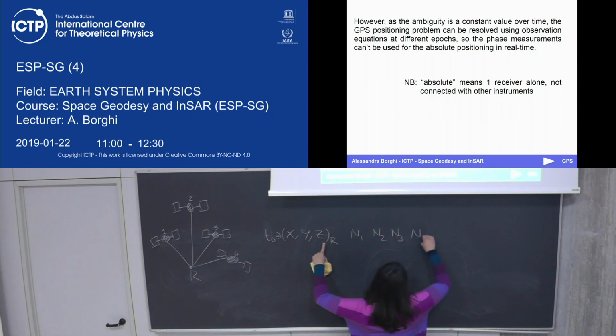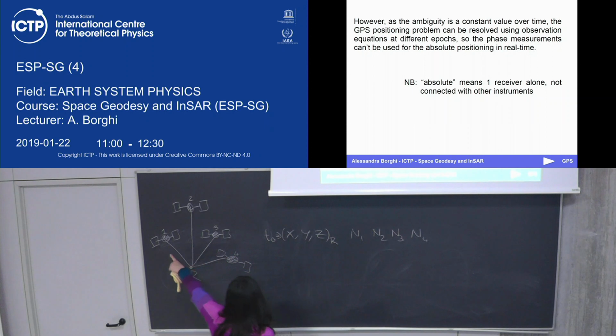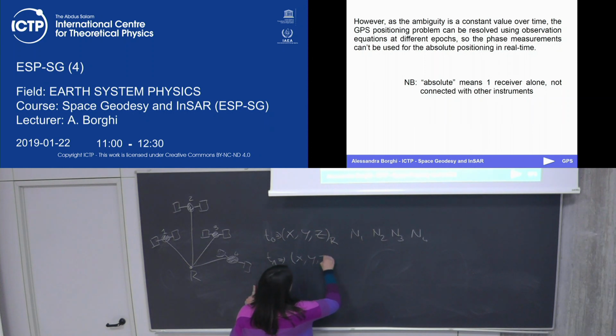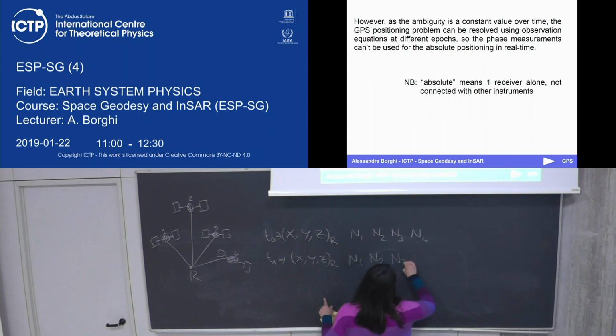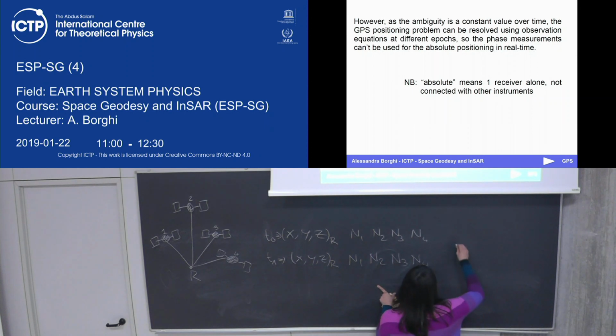The ambiguity comes from each satellite. At time 1, we have x, y, z, zeta, and n1, n2, n3 and n4 as our unknowns, but in number the equations are 4 equations.